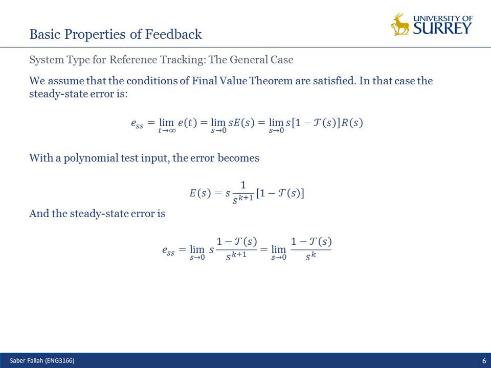I just told you. We are interested to calculate the steady state error based on the system type. System type is based on the loop transfer function, without calculating the transfer function. In the previous lecture, we developed different type definitions for the closed loop system with unit feedback.